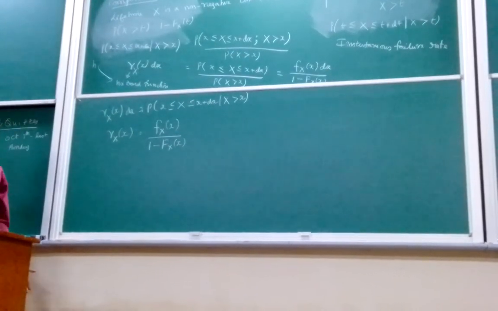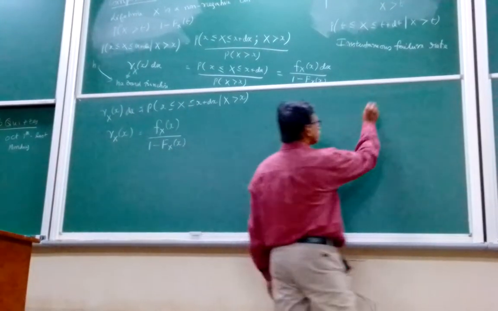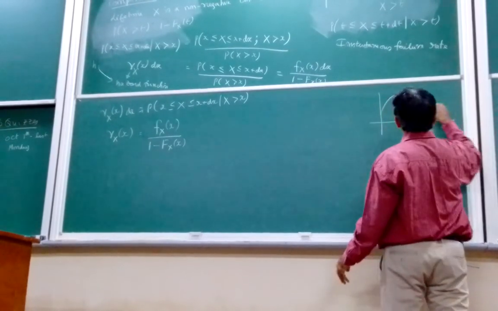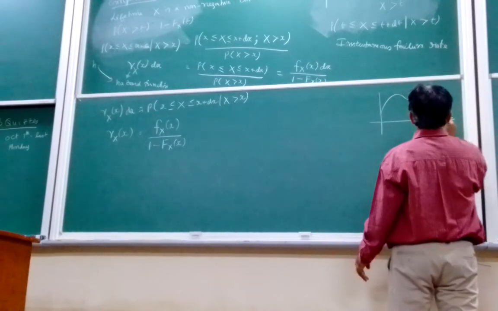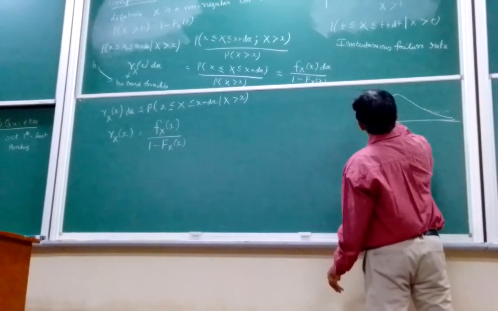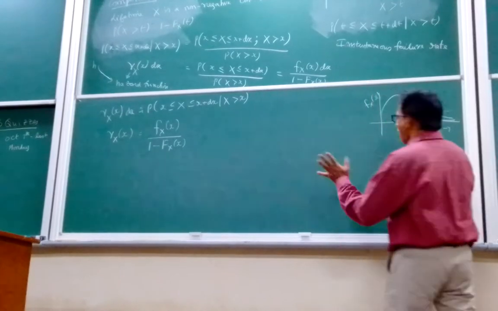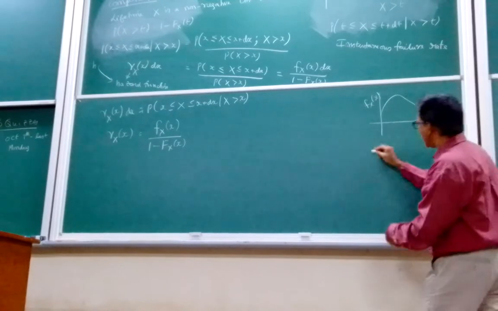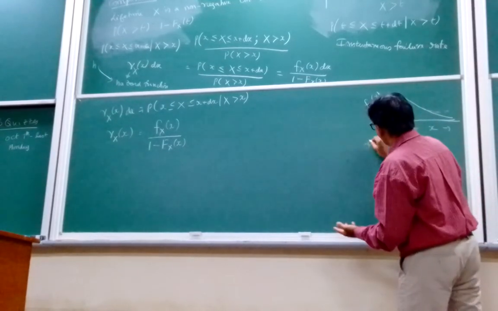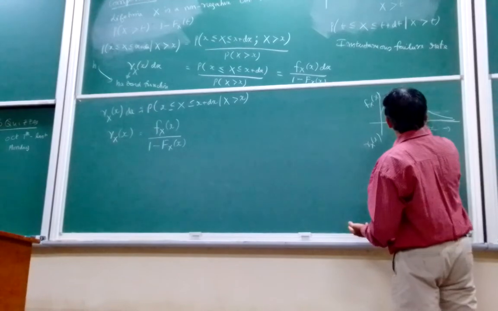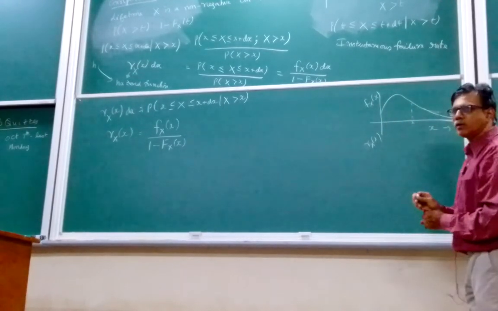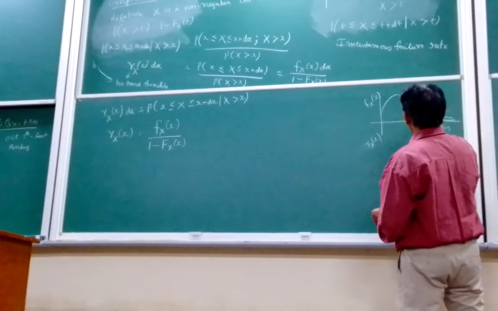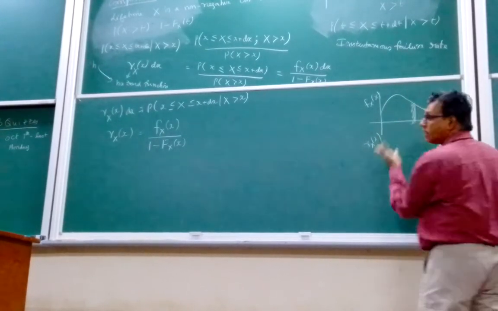It's a non-negative value. If this is the way the density function of a random variable looks, then you compute another function, h or r. How do we find it at any given time x? You find this probability and divide it by this area.